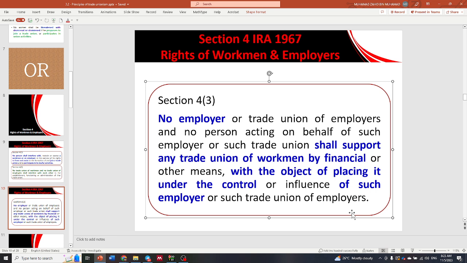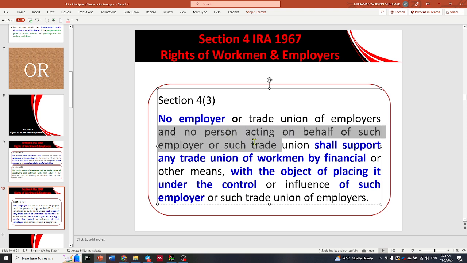Ini bermaksud majikan, contohnya majikan tu Tan Sri Dr. Muhammad Zahid bin Muhammad ni, Tan Sri. Lepas tu saya upah Hanim tadi jadi manager saya. Lepas tu ingat apa maksud Hanim? Hanim ni inilah, no person acting on behalf of such employer. Ni saya punya proxy, manager, GM saya ataupun CEO saya Hanim tadi.